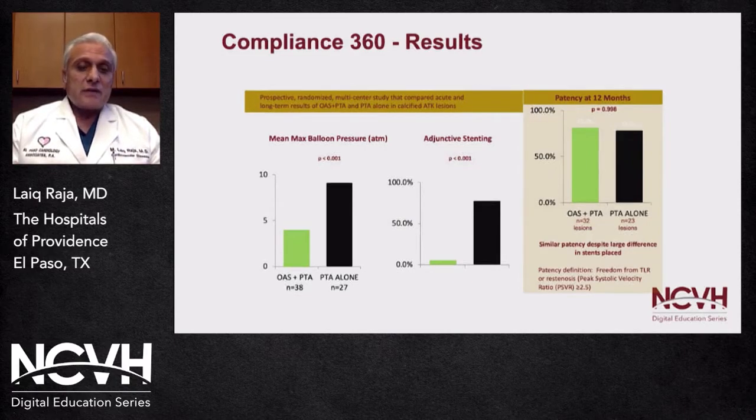You can see on the left side that maximum balloon expansion pressure was much less when you are using orbital atherectomy compared to PTA alone, which leads to much less provisional stenting by increasing the compliance. Primary patency at 12 months was the same in both arms.